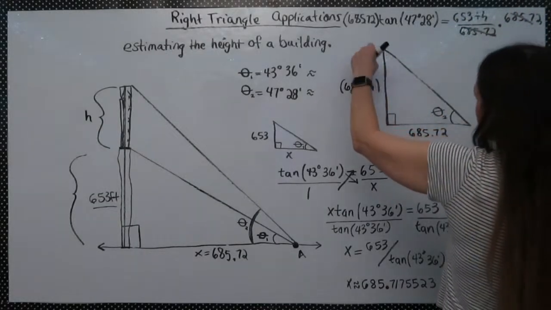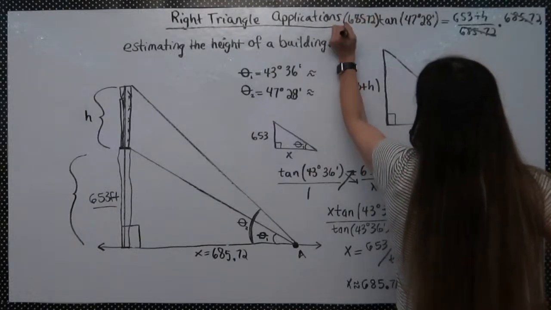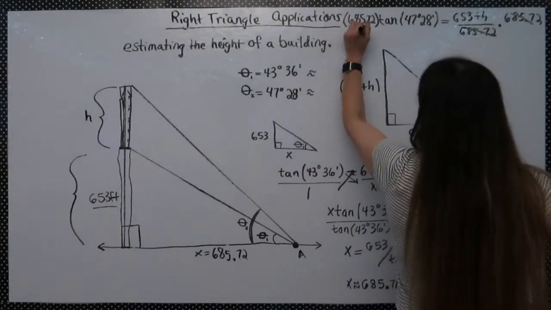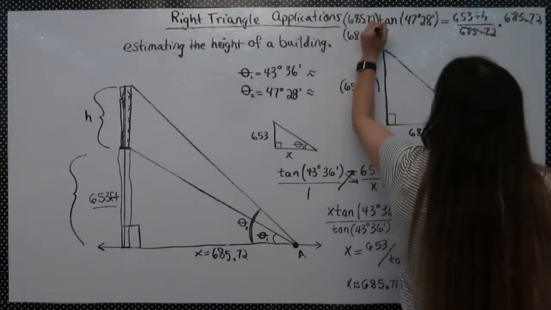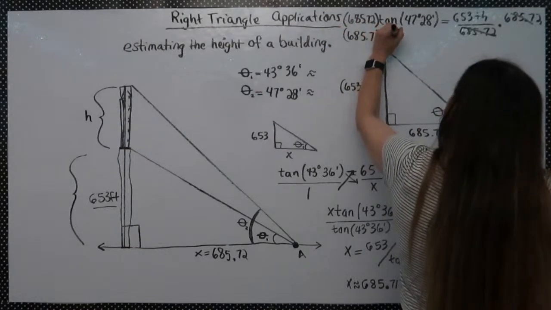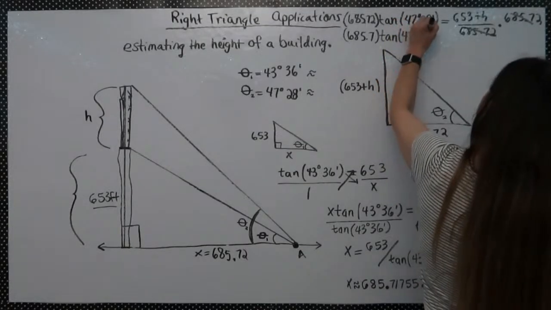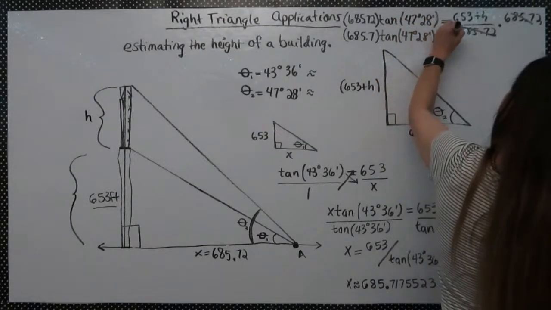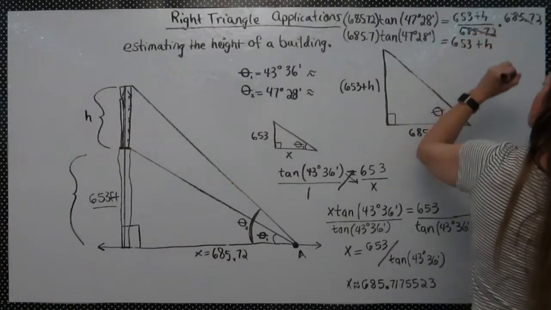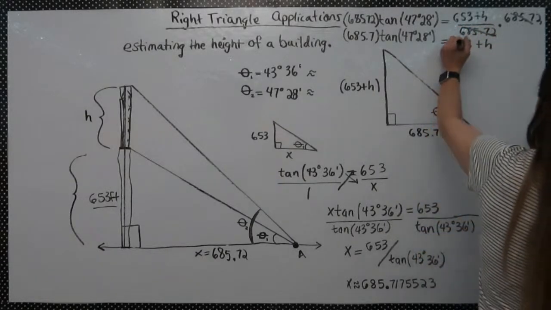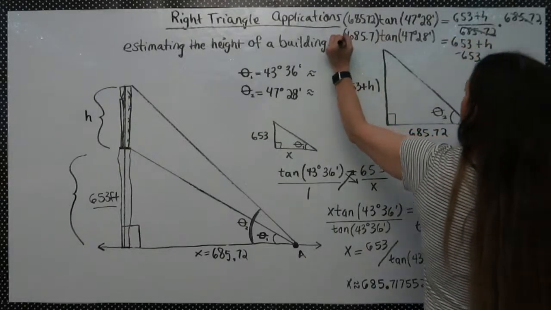And then we're going to abbreviate this 685.7 times tangent of 47 degrees, 28 minutes. That equals 653 plus h. And then we're going to subtract 653 from both sides.